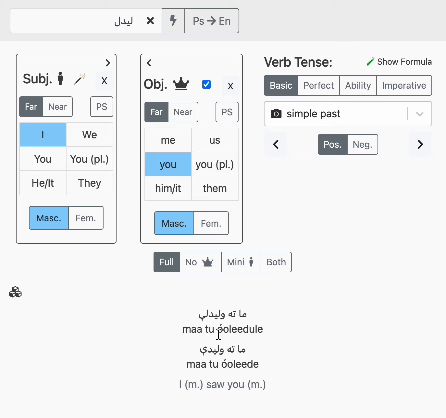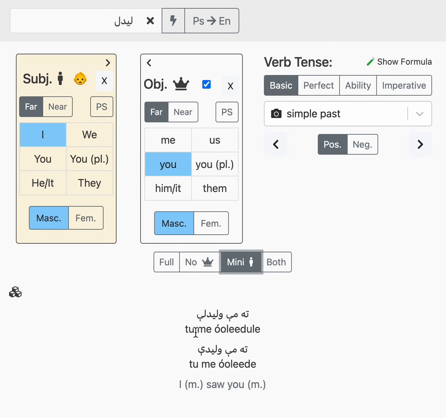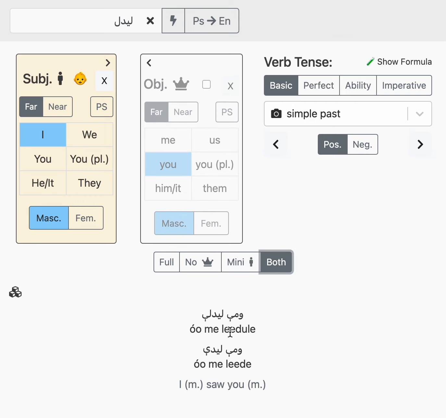So now we can kill the king, which means that we take out the te, the object. So it's ma wulide, like that. And we can also shrink the servant. Tame wulide. So I saw you, like that. Or we can do both, and then it's wumilidele, like that.